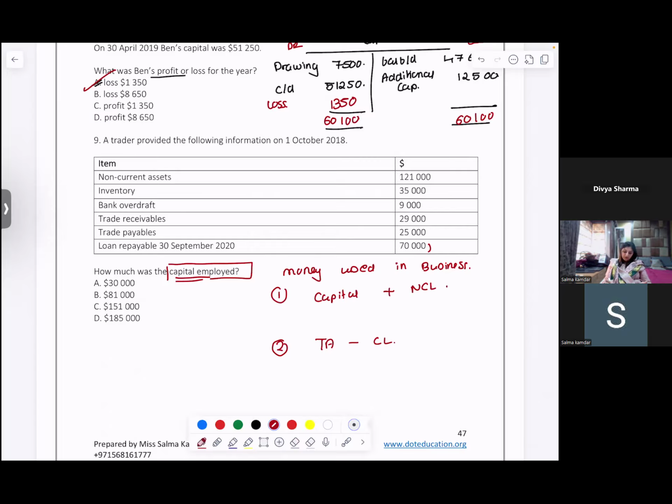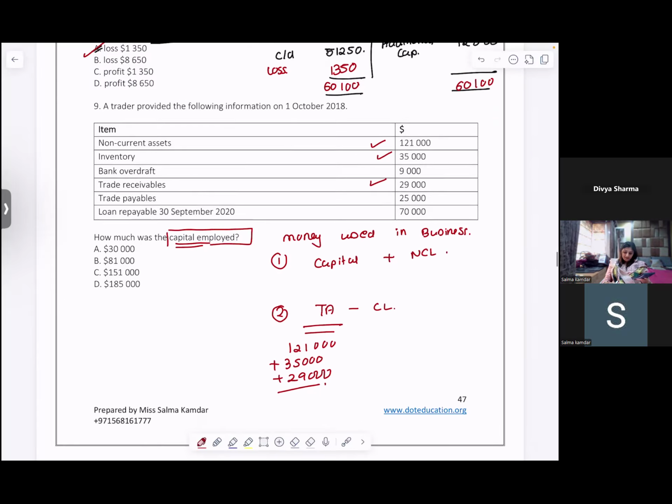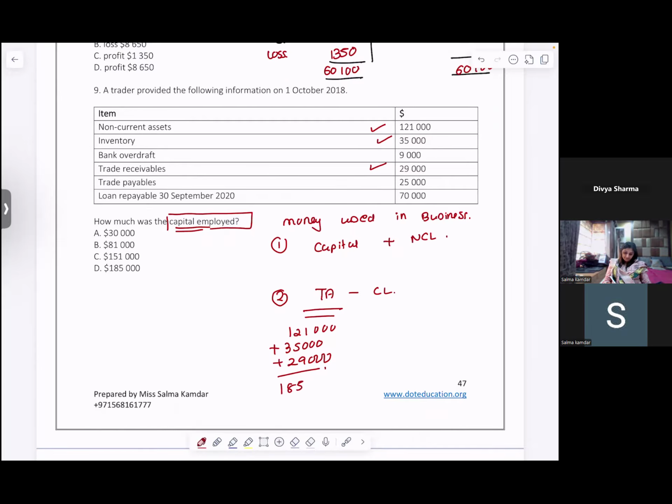We already have our total assets, right? We have our non-current assets, inventory, and trade receivables. So our total assets would be 121,000 plus 35,000 plus 29,000, which is 185,000, minus current liabilities.